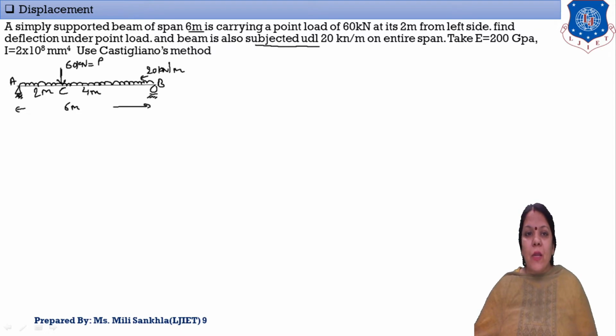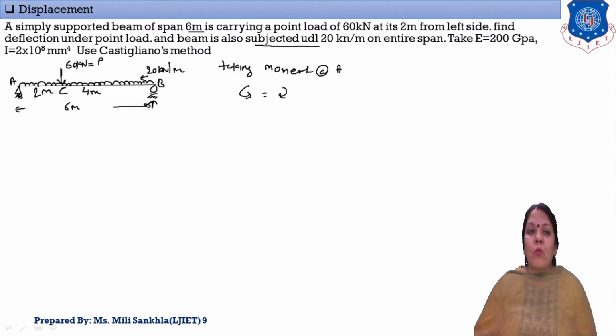Now we find the support reactions, because a simply supported beam is given. So taking moment about A, because the support reaction is found with respect to any point. Suppose I assume that my B reaction is in the up direction. Compare anticlockwise moment with clockwise moment.